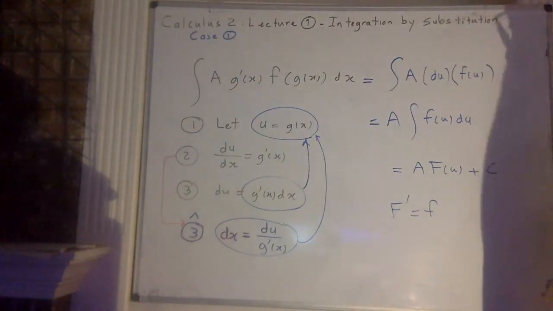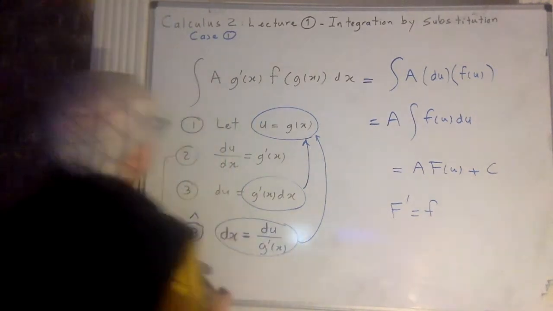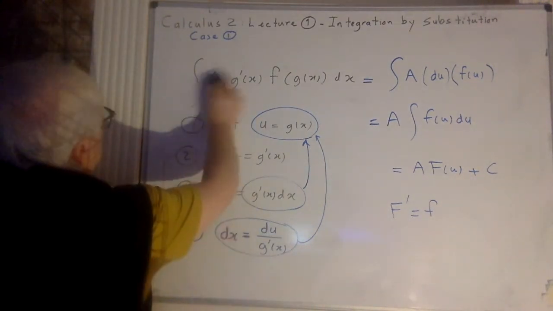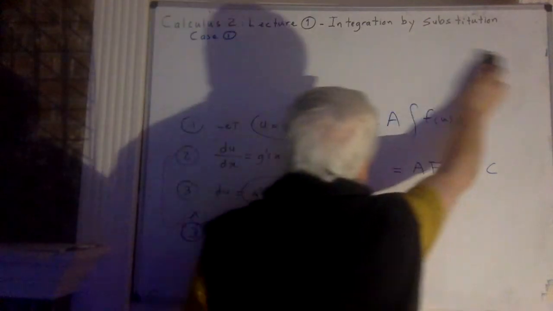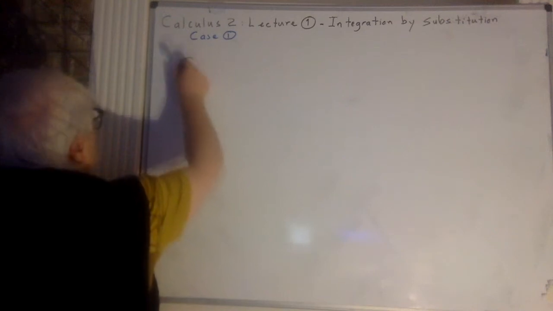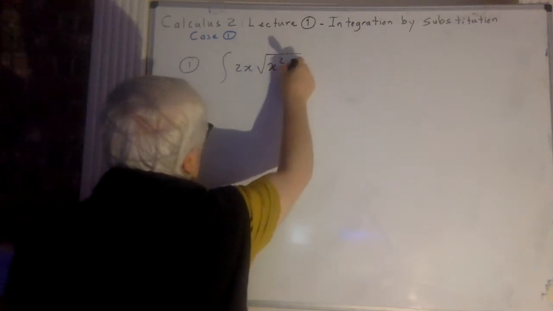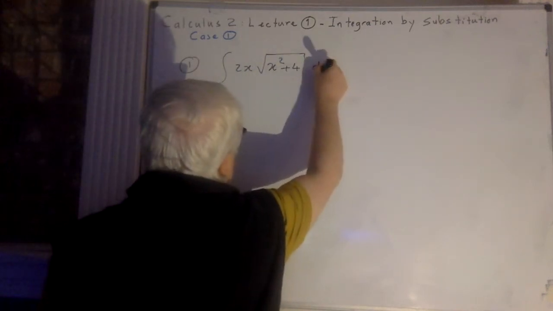Okay, so let's go back to those examples and use this procedure to find them. Example 1 was, I guess I can remember that, the integral of 2x times the square root of x squared plus 4 dx.